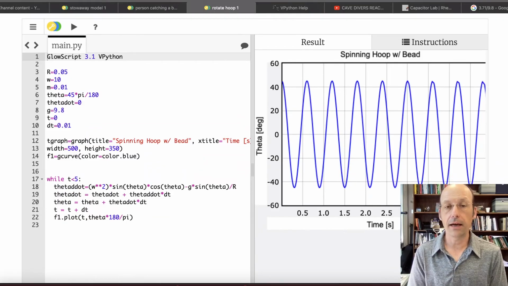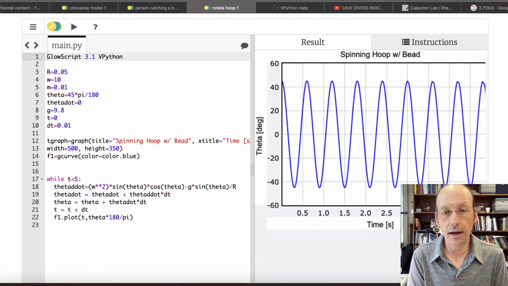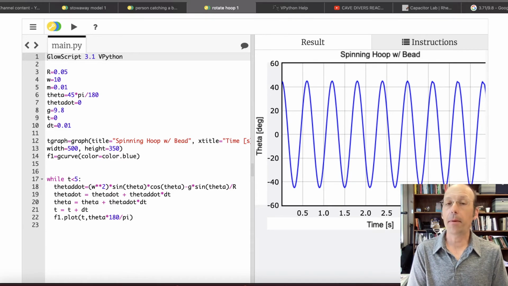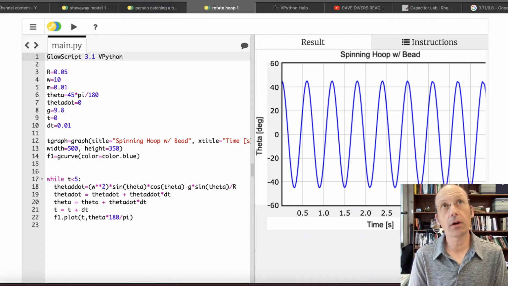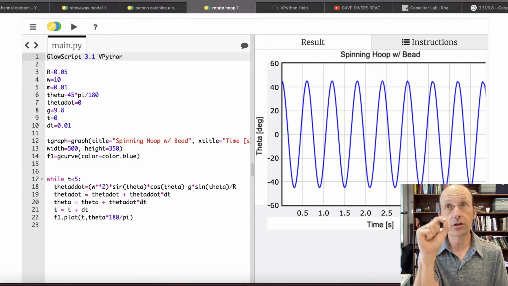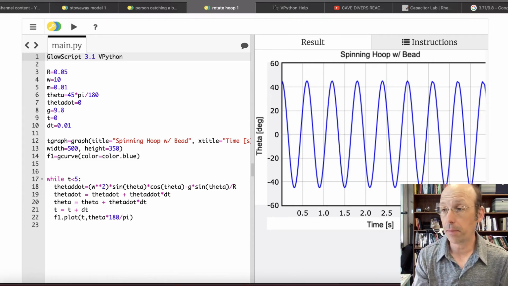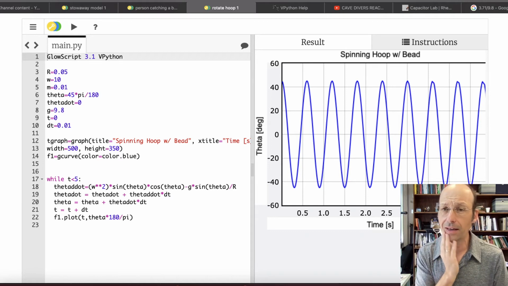So, is that right? Theta oscillates up and down. I don't even know if that's right. Okay, how about this? I do know one case where it should be stable, right? I can calculate a stable position. So if I put it there, it should stay there. Let's go back over to the paper and see. I feel like this does not look right.